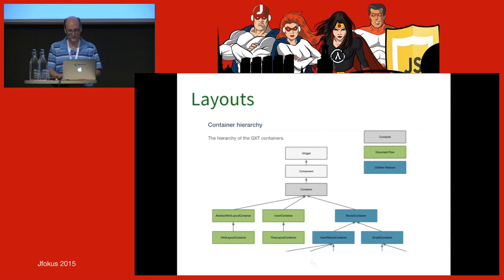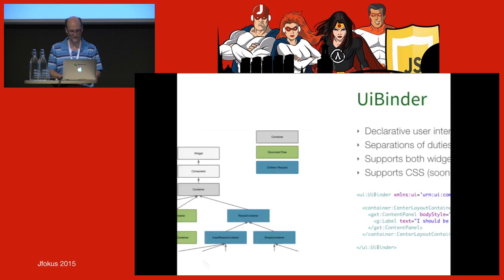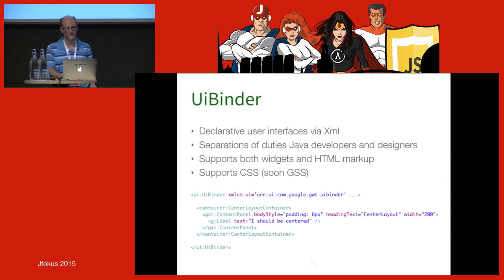All right, let's talk a little bit about layouts. There's a container hierarchy of GXT containers. You can see here we have the resize container at the top of the blue section, and most of the main containers extend from that. That's an important concept that you want to get your head wrapped around when you first start with the GXT widgets.